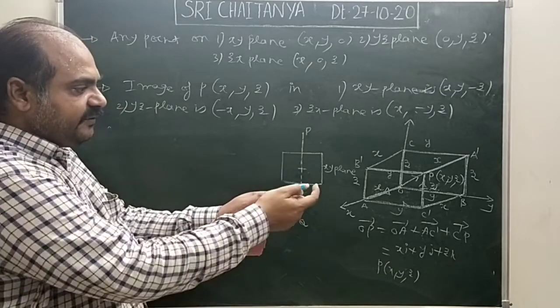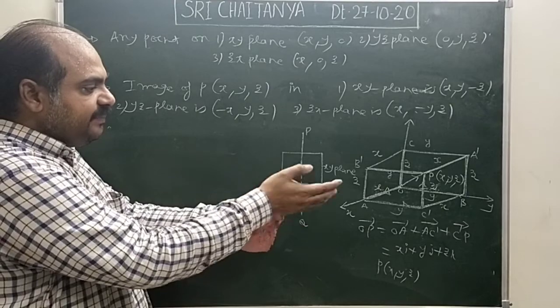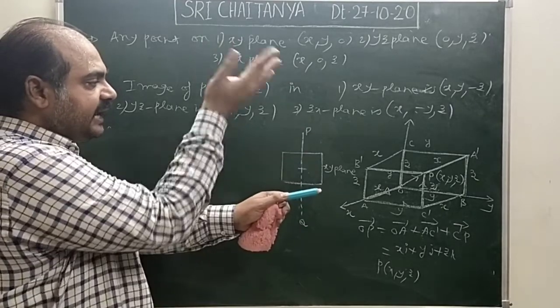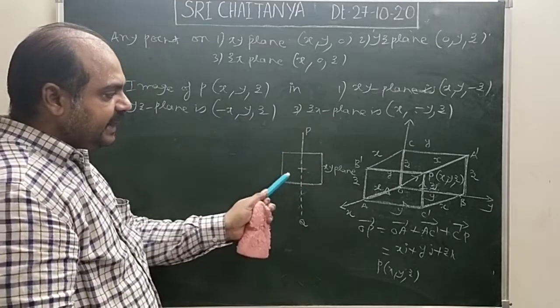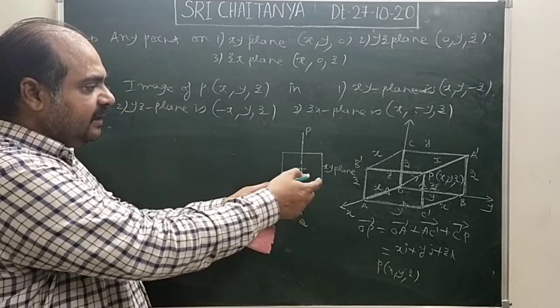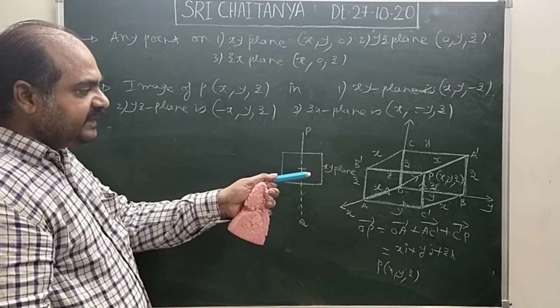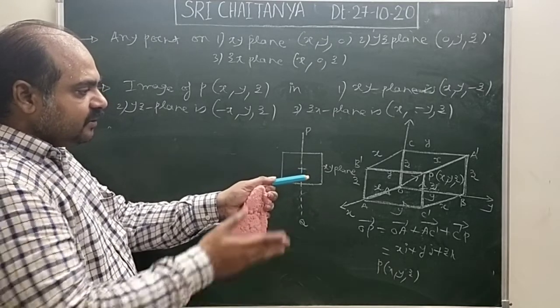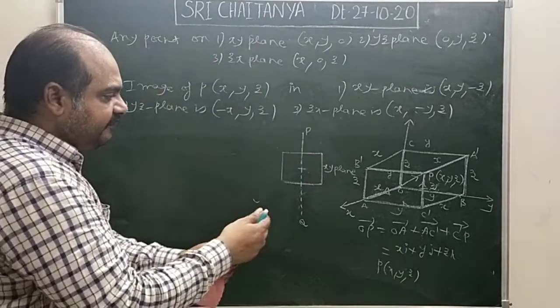Towards your face one point is there, P here. Image means on the opposite side of the paper the image will be. The mirror is this XY plane. So this is point P, take it on one side of the paper in space, not on the paper. Reflect it with respect to your paper, so on the opposite side of the paper it will be.